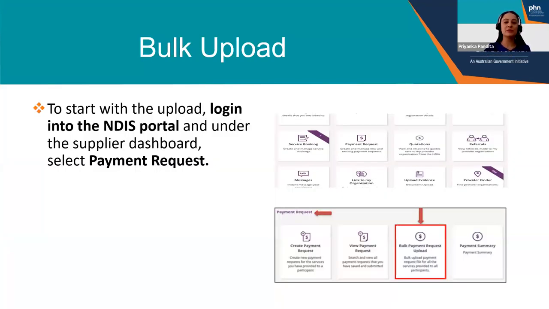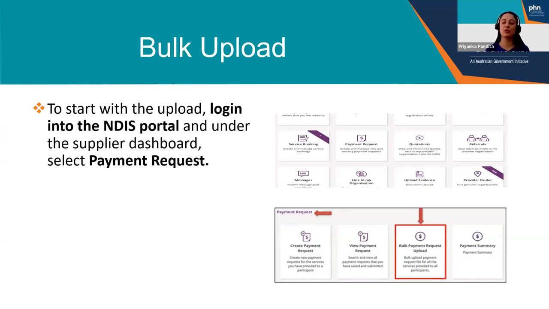So now we come to how to do a bulk upload file. We log into the My Place provider portal in PRODA, and then this screen comes up. We will select payment request, and then go to the bulk payment request upload.